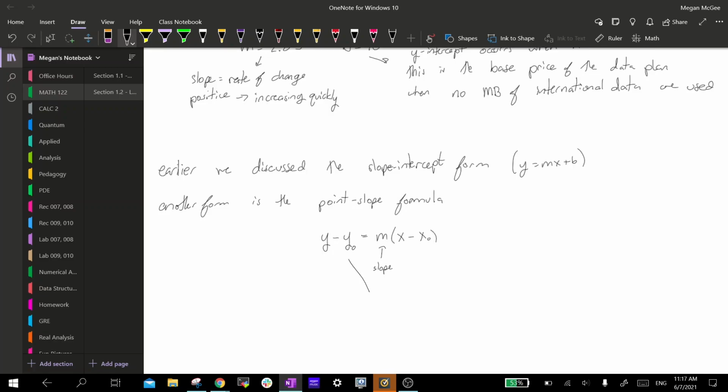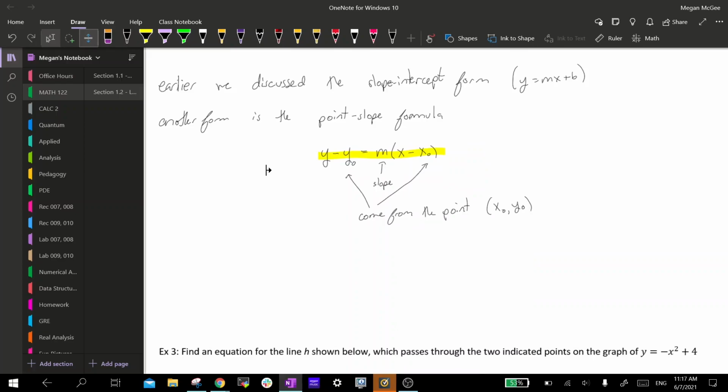And this y naught and x naught are going to come from the point. So whatever point we're using, which will be x naught, y naught, we just plug in those values. And the other x and y we leave alone in the formula, okay? So this is our point slope formula.